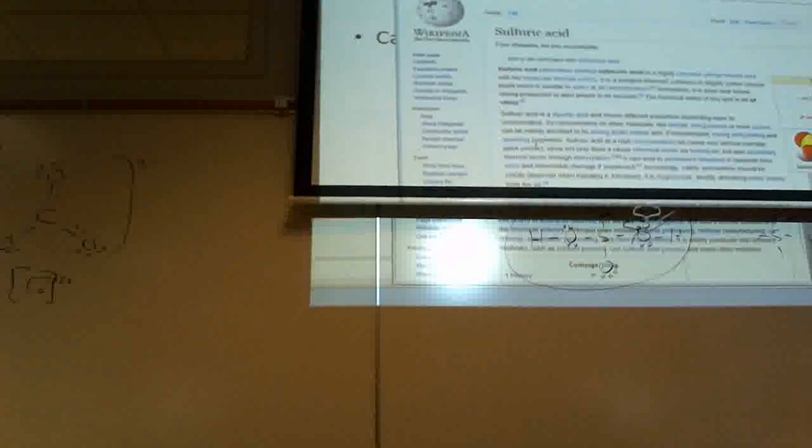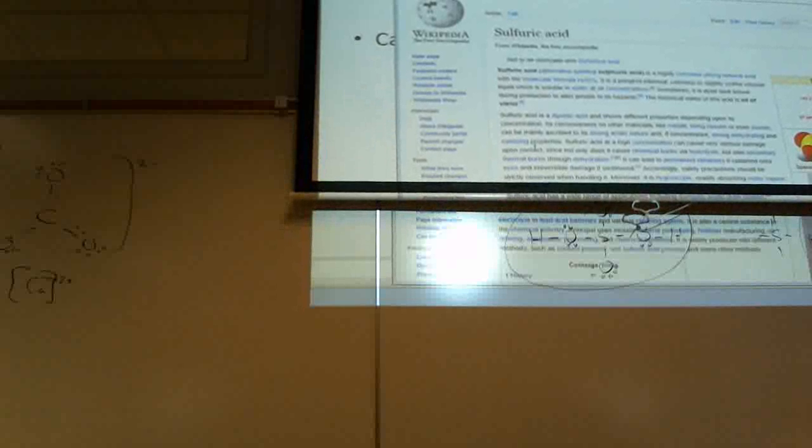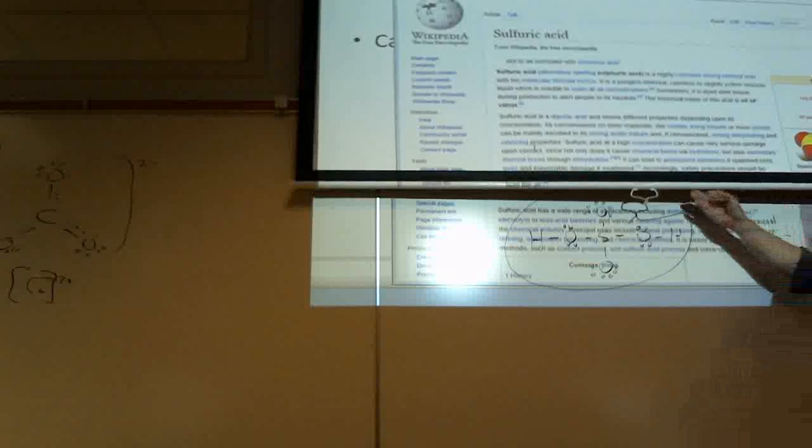Yeah, 2 double bonds. Why did they expand the octet on sulfur? Formal charge. Right? They wanted to reduce the formal charge.